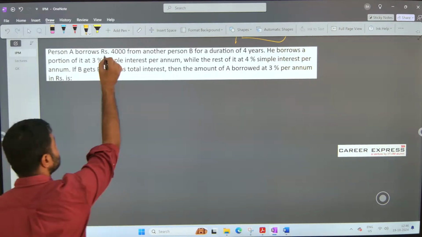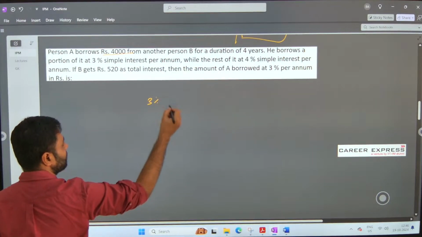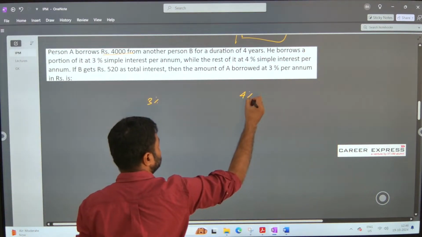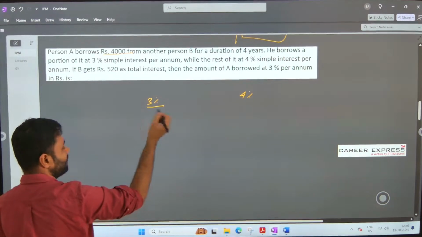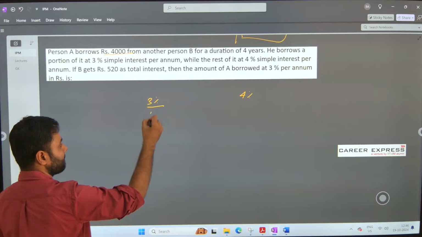So total 4,000 rupees was taken as loan.